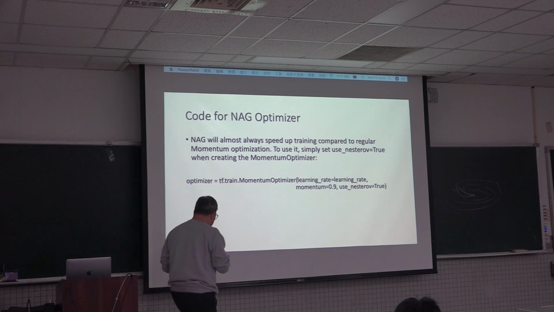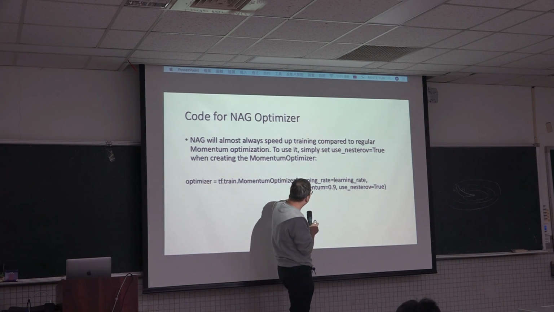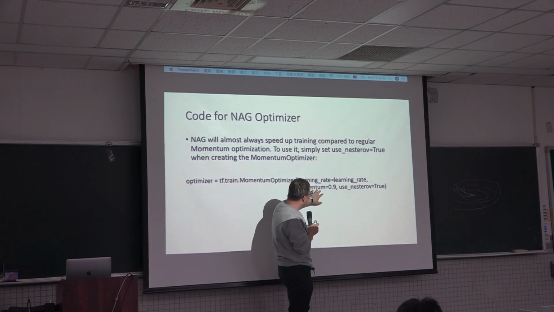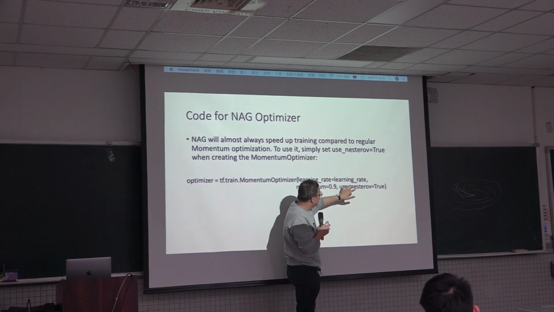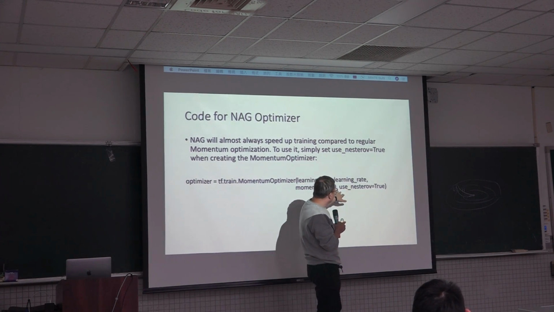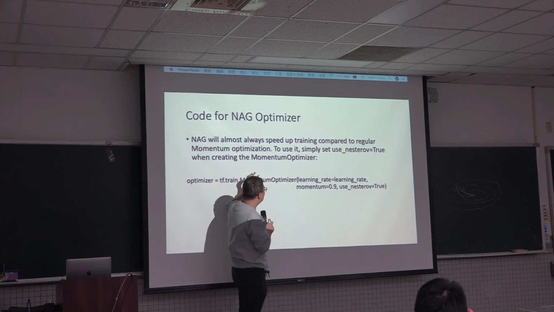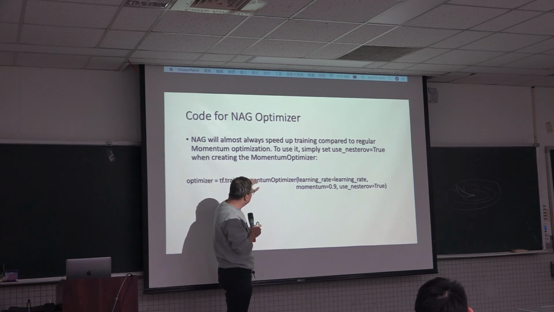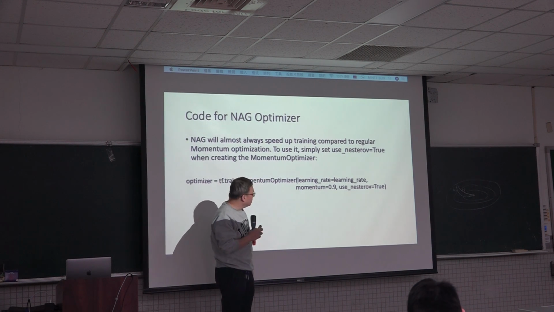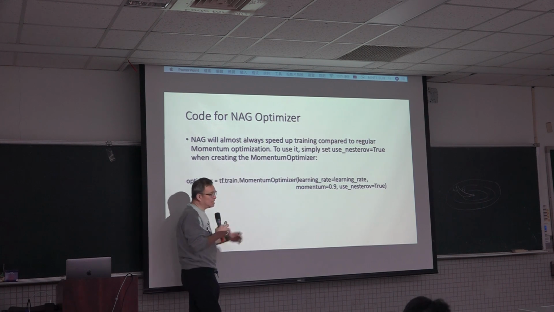You are still using the momentum optimizer, and you still have your beta value, the momentum hyperparameter. The only difference is that you add one additional parameter, use_nesterov, and set it to be true. Then you are going to use the Nesterov accelerated gradient, not the plain momentum. So that's it.